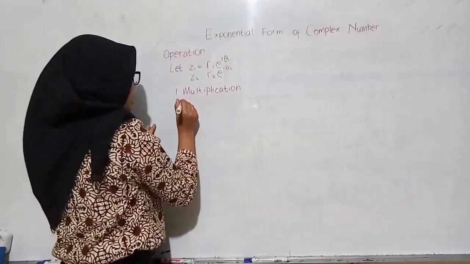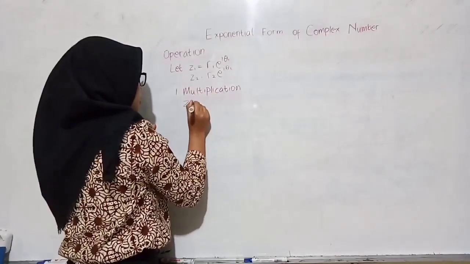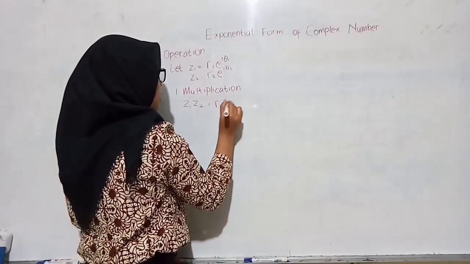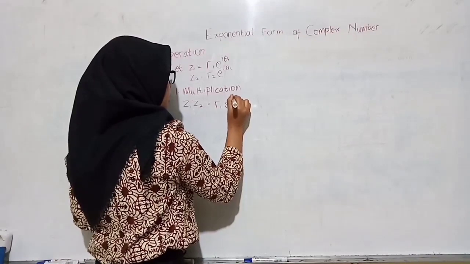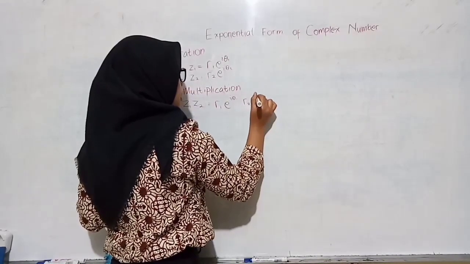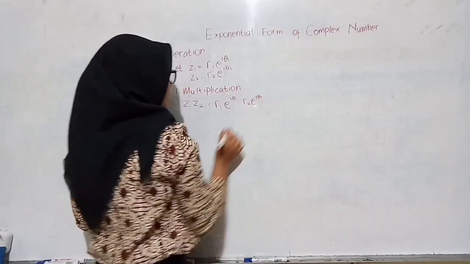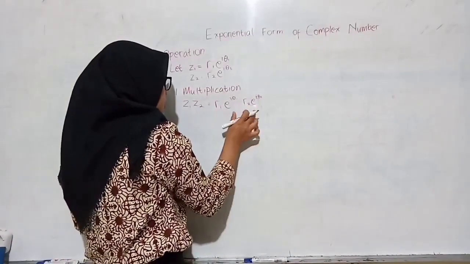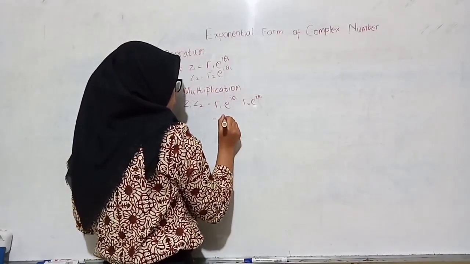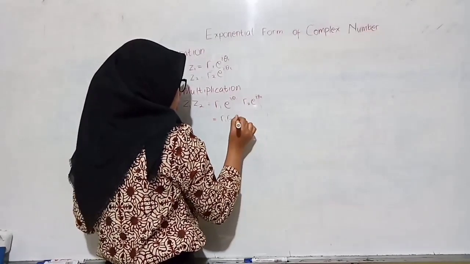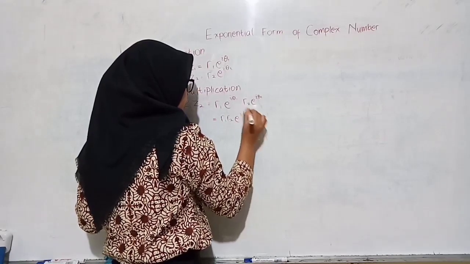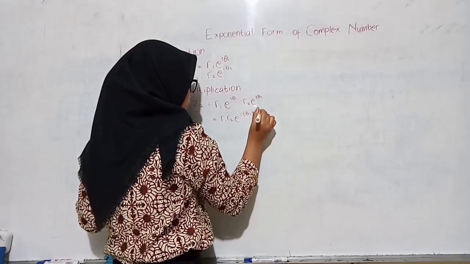If we multiply Z1 times Z2, it equals R1 e power i theta 1 times R2 e power i theta 2, and this equals R1 R2 e power i (theta 1 plus theta 2).